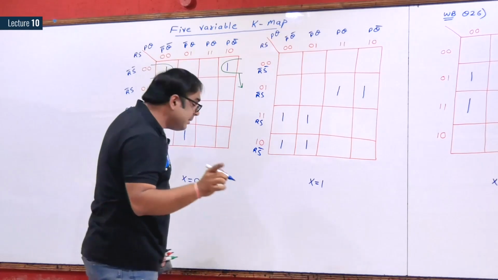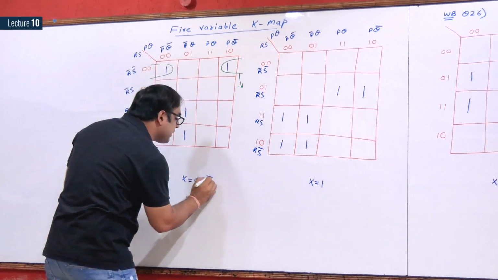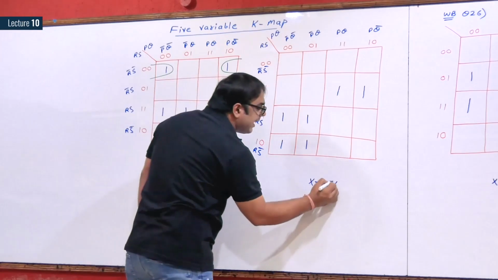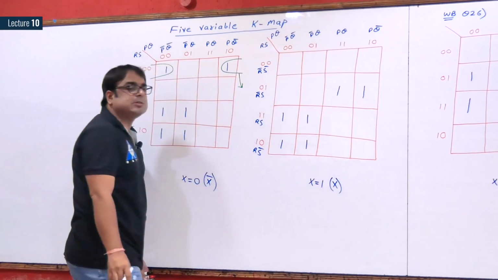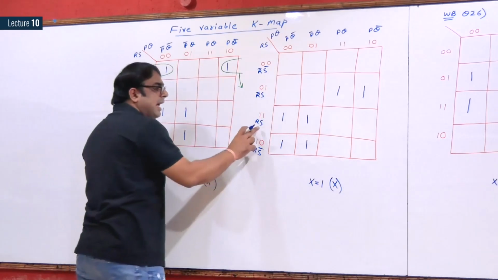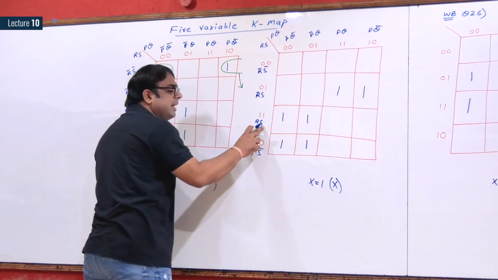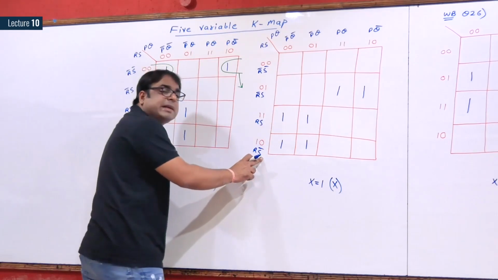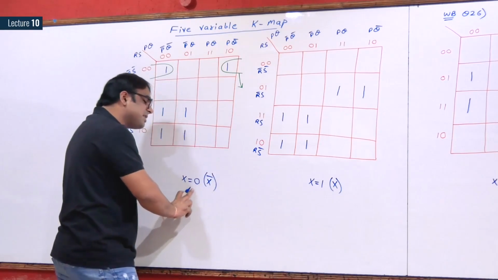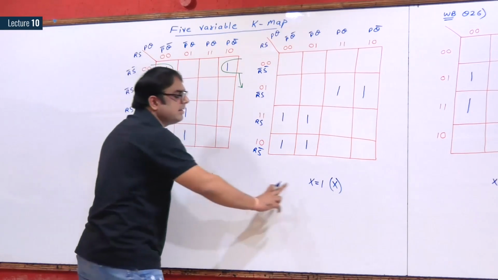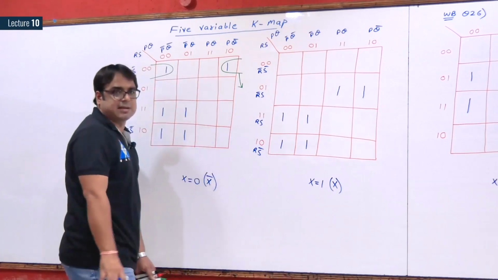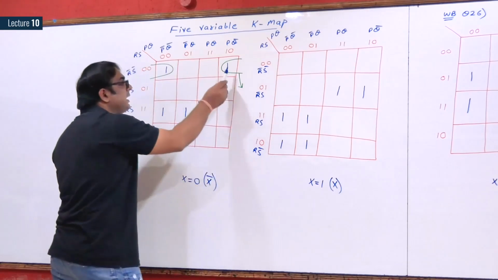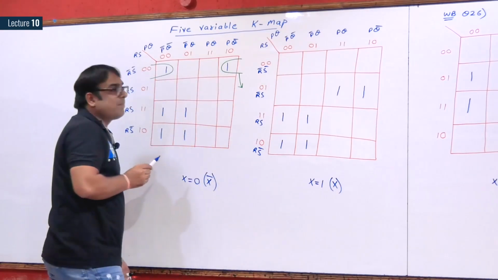Now, very important: x is equal to 0 will correspond to x complement, and x is equal to 1 will correspond to normal x. Like s is equal to 1 is normal s and s is equal to 0 is complemented s, in the same way x is equal to 0 is complemented x and x equal to 1 is normal x.